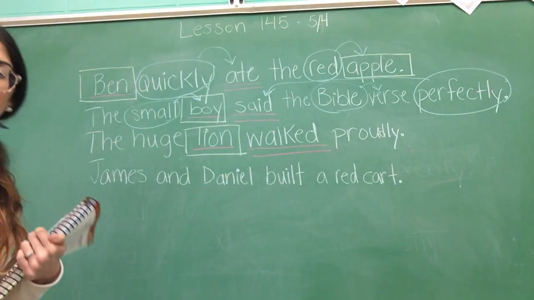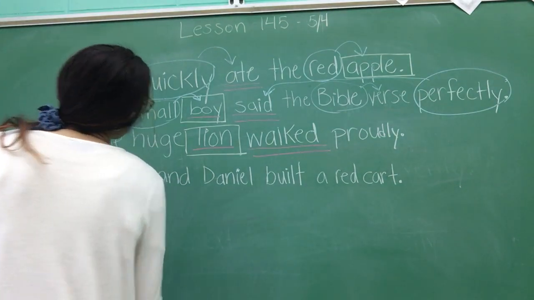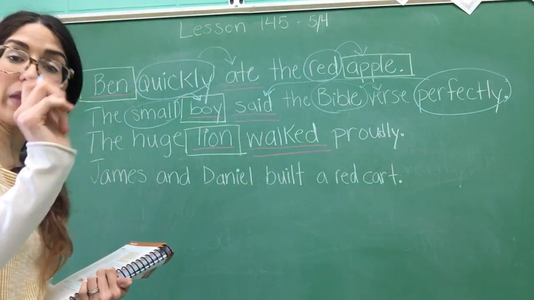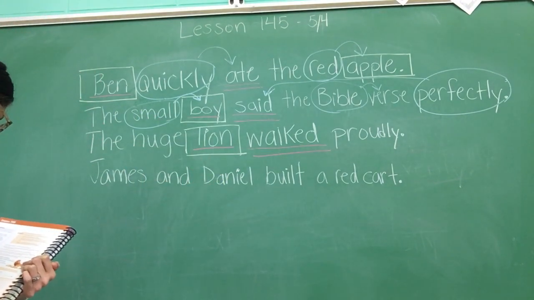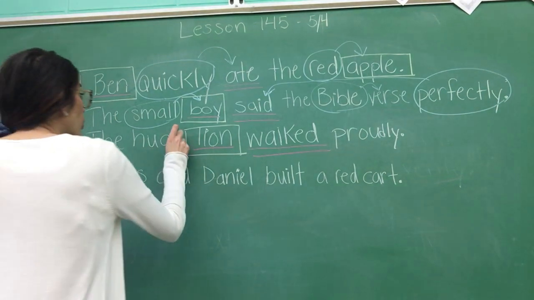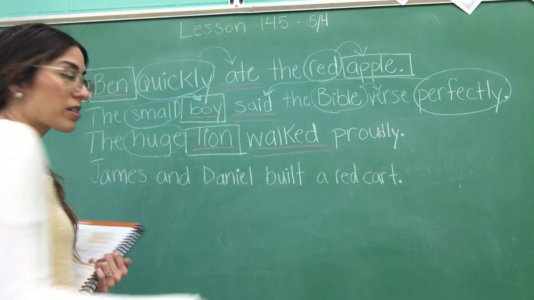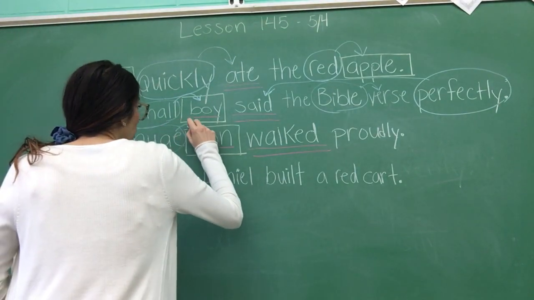You guys are getting good. Okay, now I'm gonna pick up my blue, and this is for the adjectives and adverbs. So number 4 says circle the adjectives. What's my first adjective? That's right, huge. Because adjectives describe nouns. So huge describes lion, very good. So what kind of a lion?